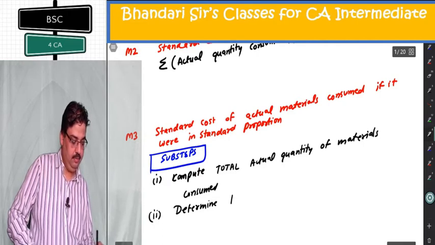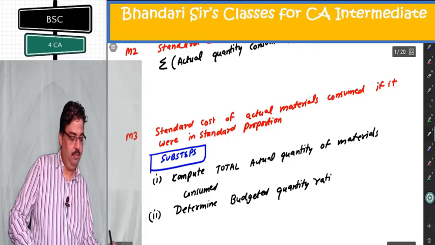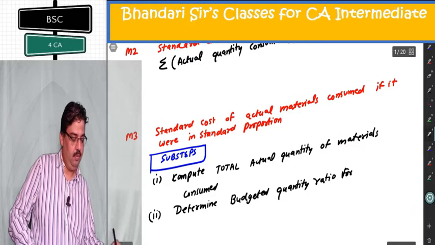Number 2. Determine budgeted quantity ratio for materials.